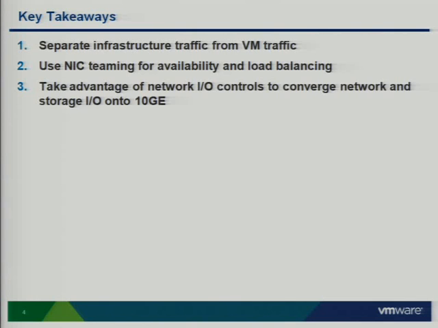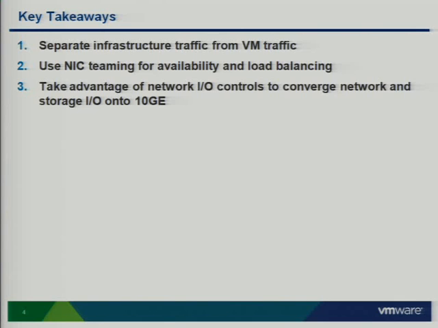It's getting into more and more sites. With 10 gig Ethernet, you have enough bandwidth to cover all the traffic for virtualization. Not just the normal networking traffic from your VMs, 10 gig is sufficient to cover your VM traffic and your infrastructure traffic.